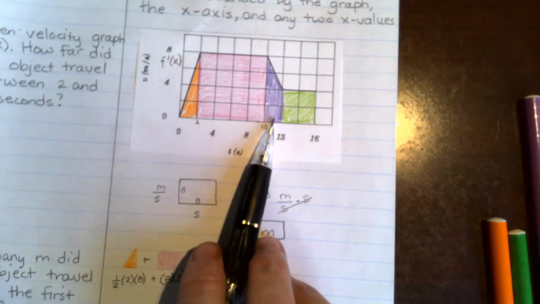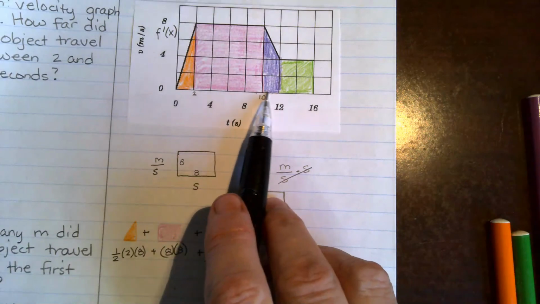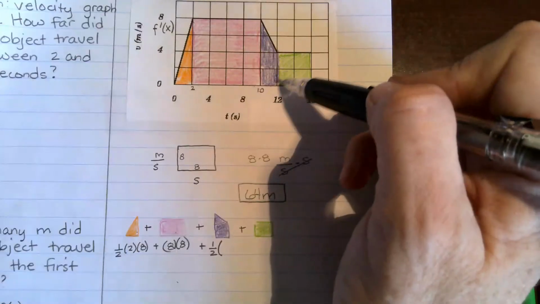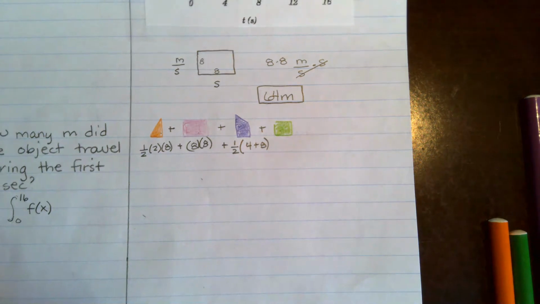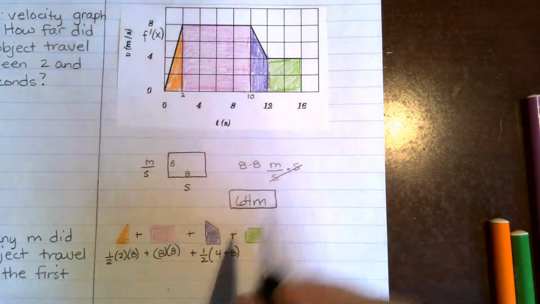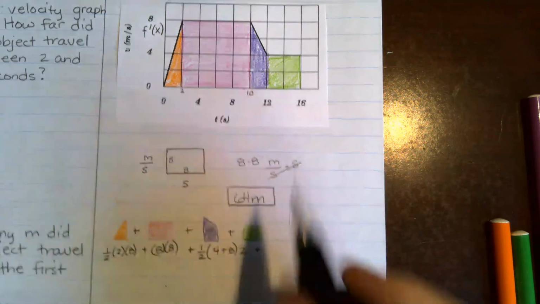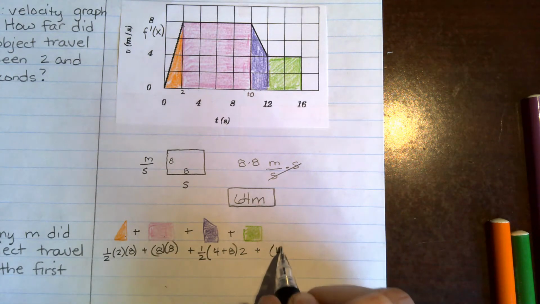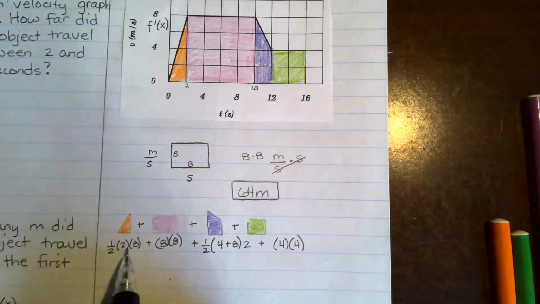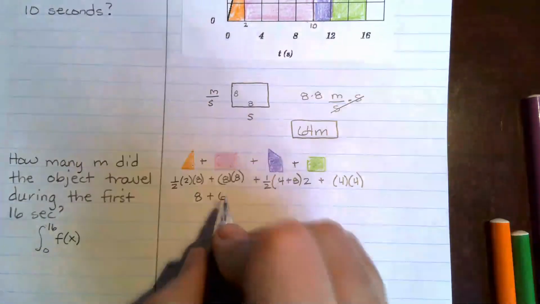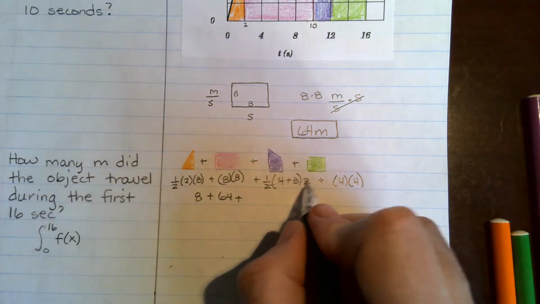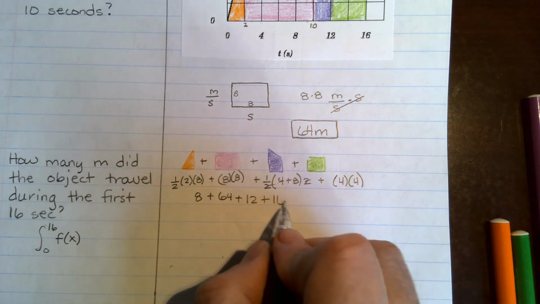Okay, so now I'm going back to this guy right here. So I've got 1/2. Base 1 is 4, base 2 is 8. And the height of the trapezoid, remember it's sitting on its side, its height is 2. And then again we have 4 times 4. And we can add all those together. So this is 8 plus 64 plus 12 plus 16.